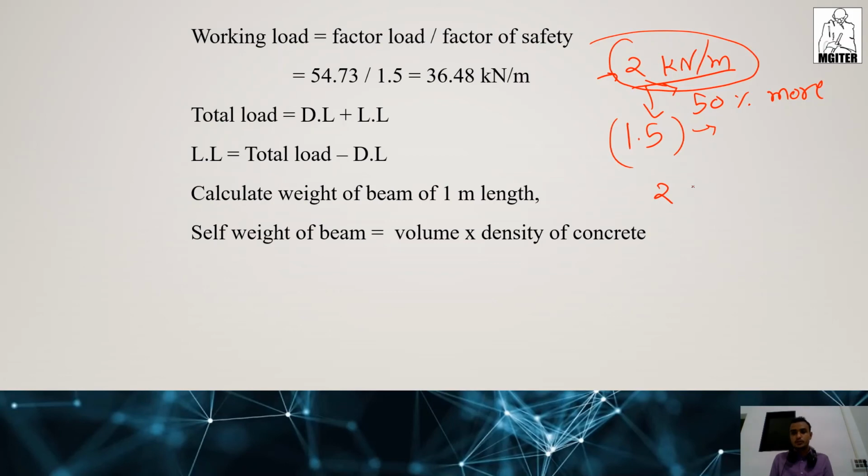It means 2 kilonewton load is applied plus 2 kilonewton times 50% more is equal to the factored load. What is 50% of 2 kilonewton? It is 1. 2 plus 1 is 3.